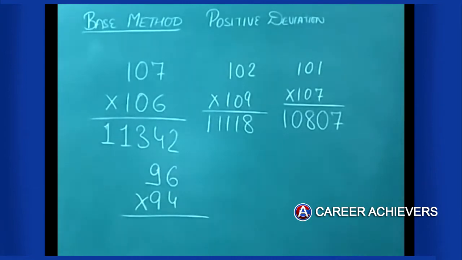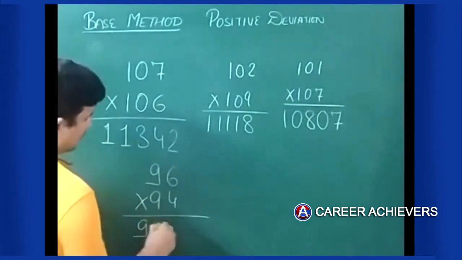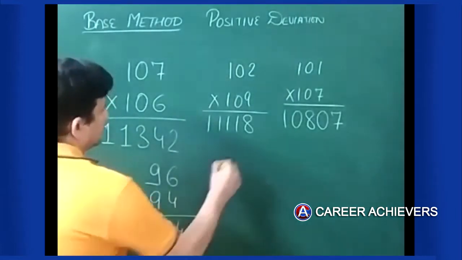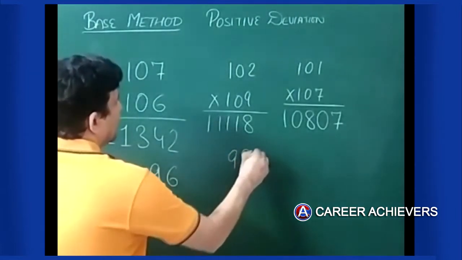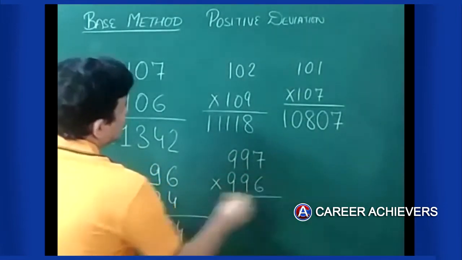Yeah, Tanvi, correct answer. It's 9024. Next: 997 times 996.